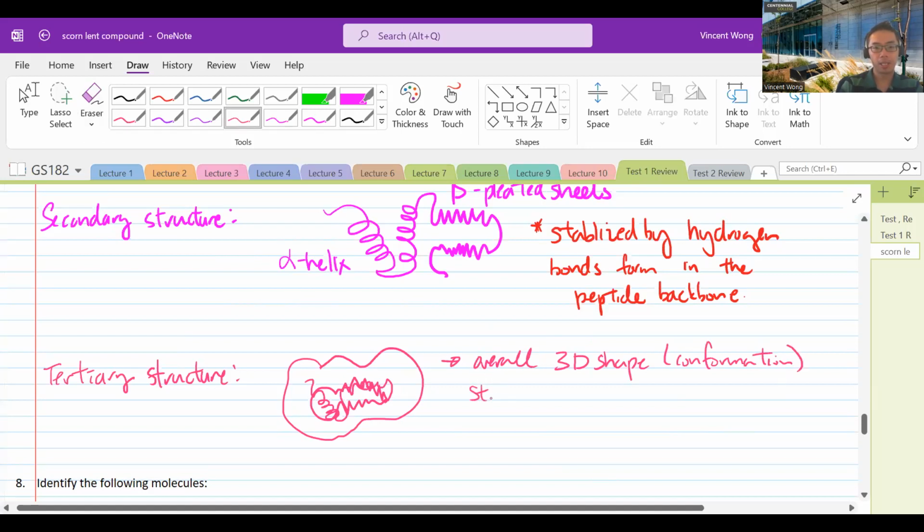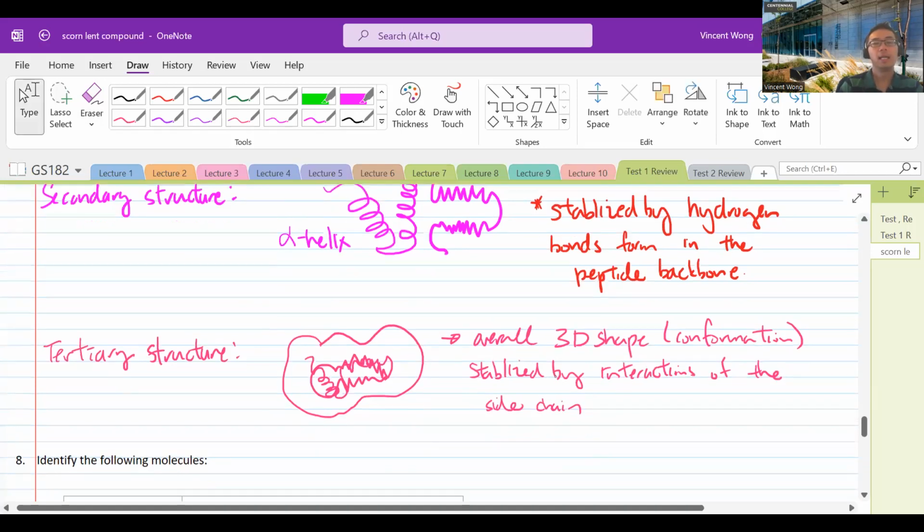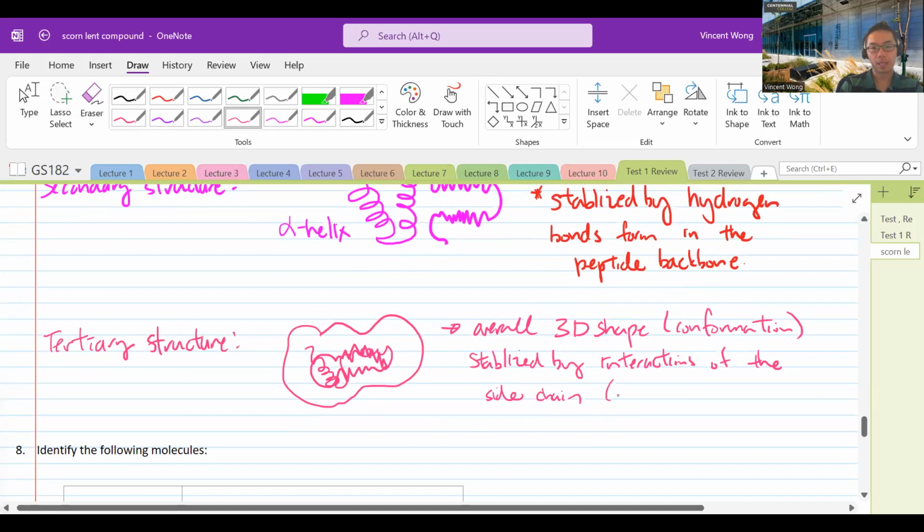And it is stabilized by interactions of the side chains. Remember, each amino acid has a side chain. If you don't know what I'm talking about, I'll show you in a second. And there are different interactions, so let me give you some examples.